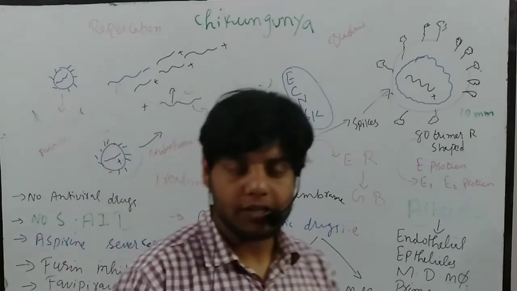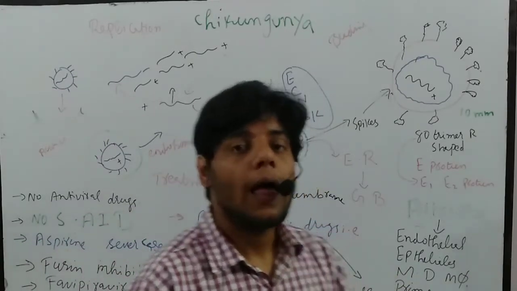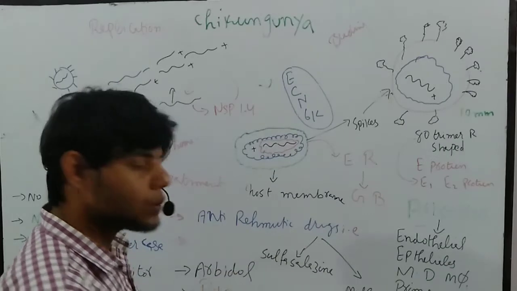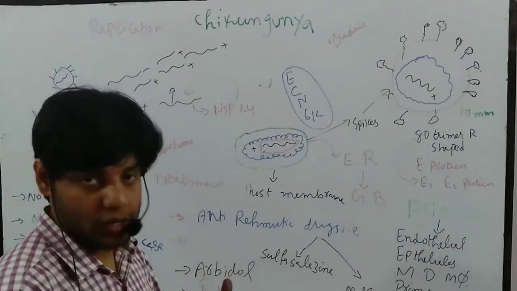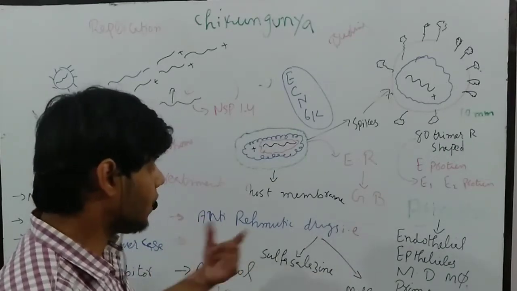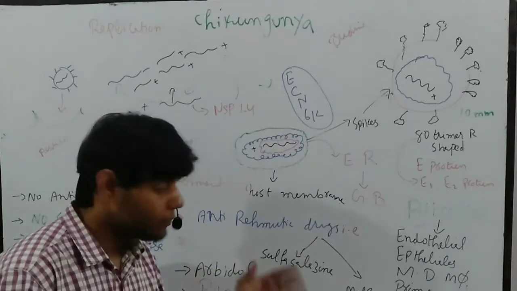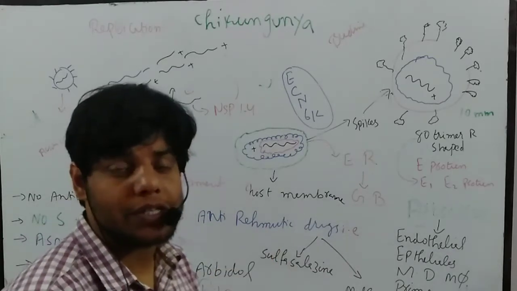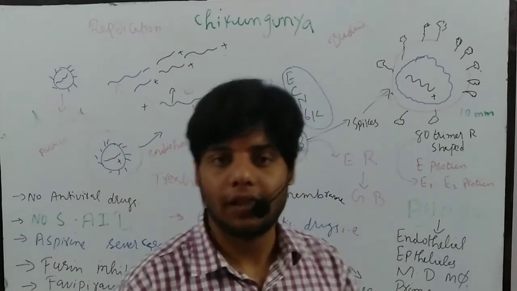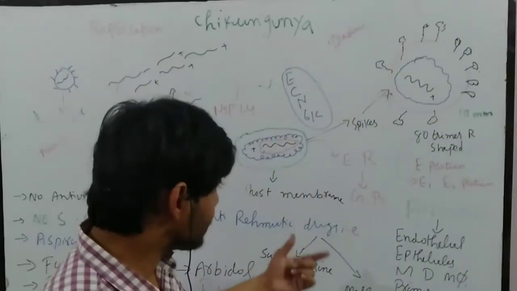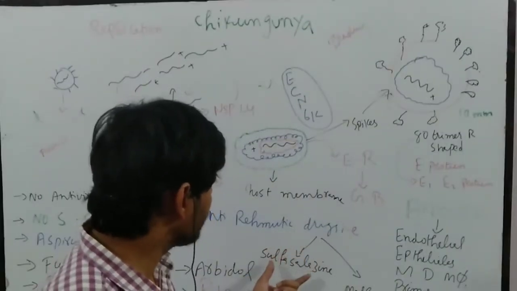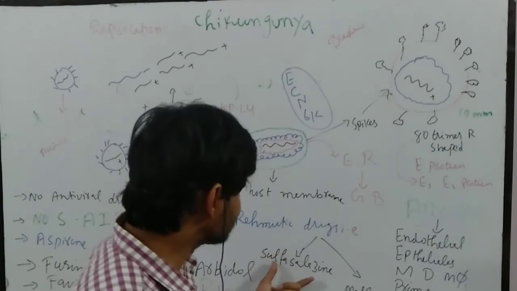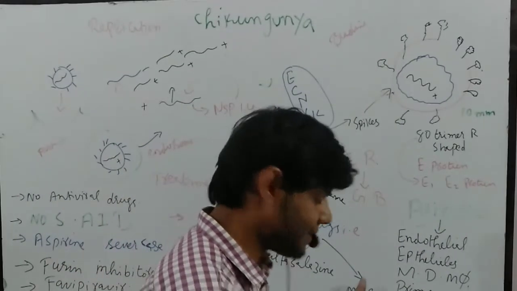These are the drugs which we should give. Another group of drugs we should also give to the patient when they have chikungunya disease are called antirheumatic drugs. Rheumatic is a disease in which there is stiffness and pain in the muscle. So for this, we should give sulfasalazine and methotrexate.